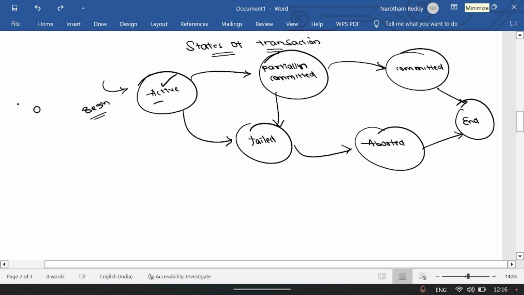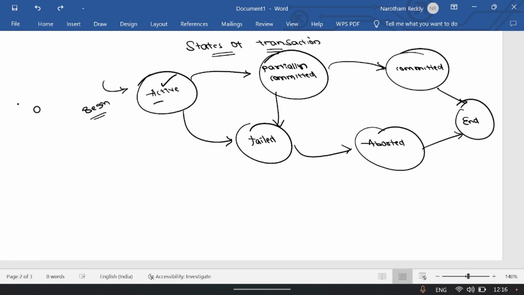Now I am going to discuss the states of a transaction. They are active, partially committed, committed, terminated, failed, aborted, etc. Let us start with active. Active is the first step of every transaction. In the active state, we can read and write, for example insert, delete, update.